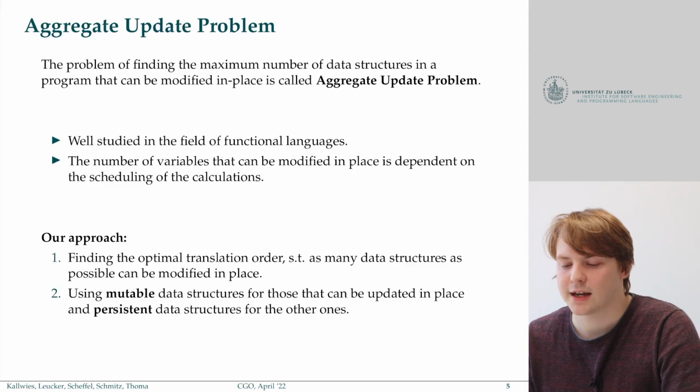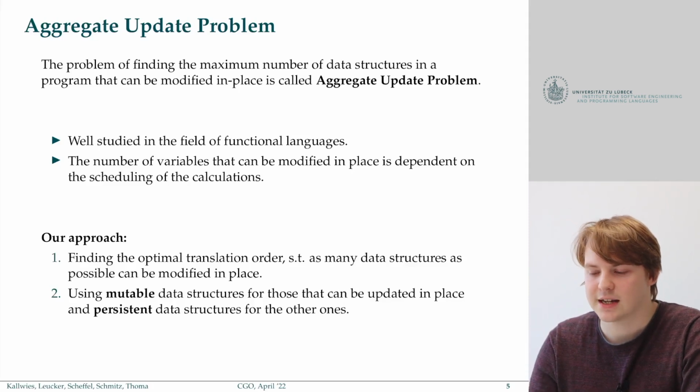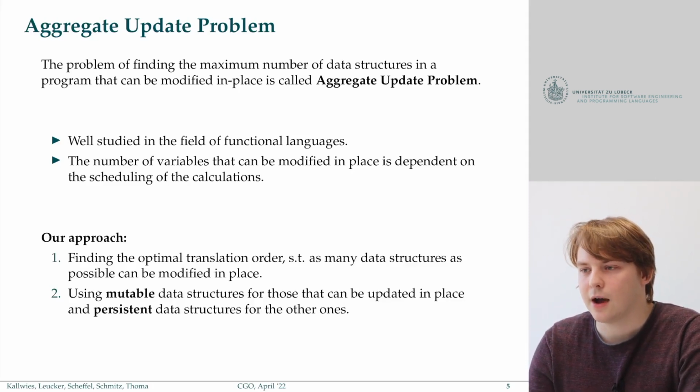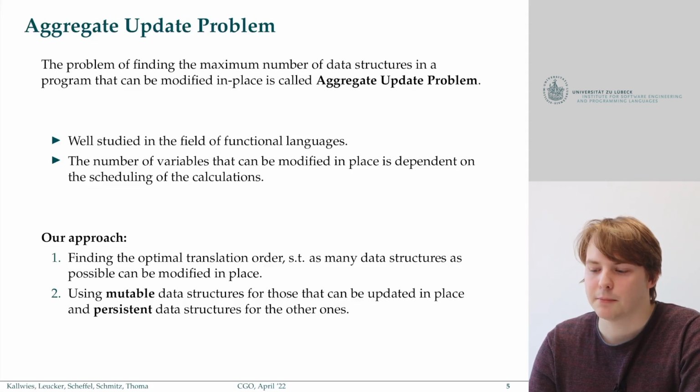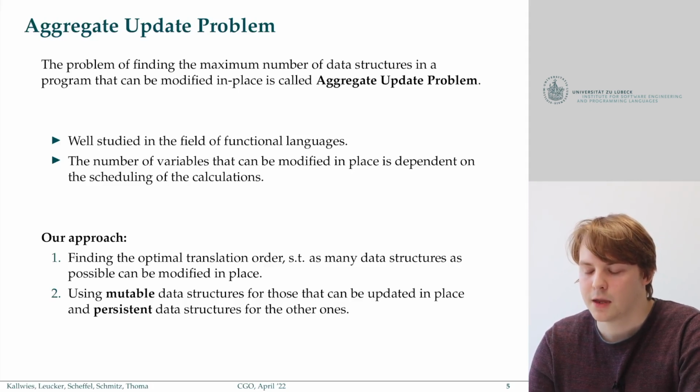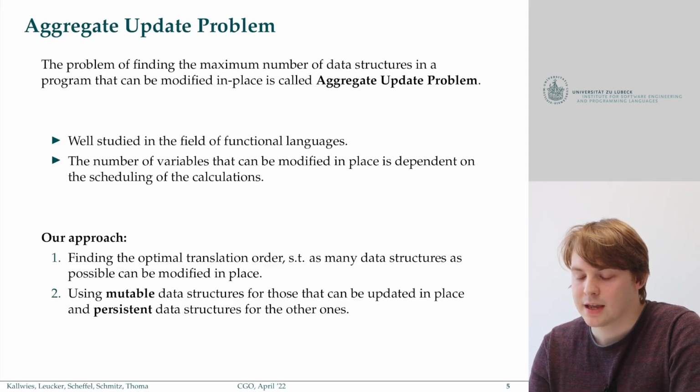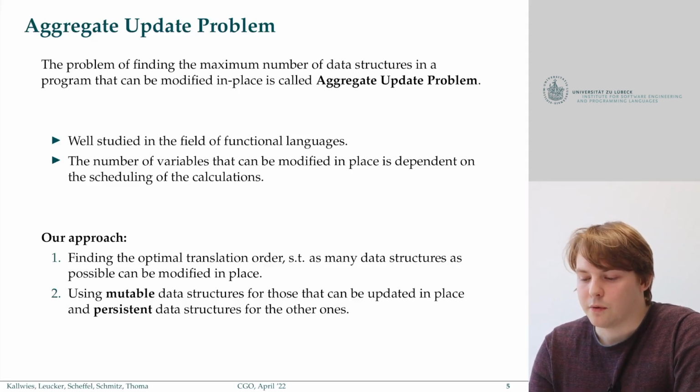So what we have done in our paper is we presented an algorithm for finding the optimal translation order of a Dataflow program in Tessla, such that as many data structures as possible can be modified in place according to a criterion which we have developed. Then, when we saw that a data structure can be modified in place, in our implementation we used mutable data structures.